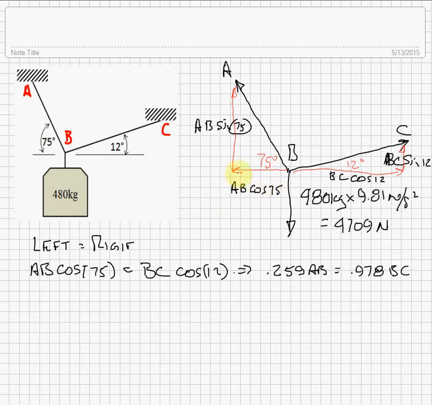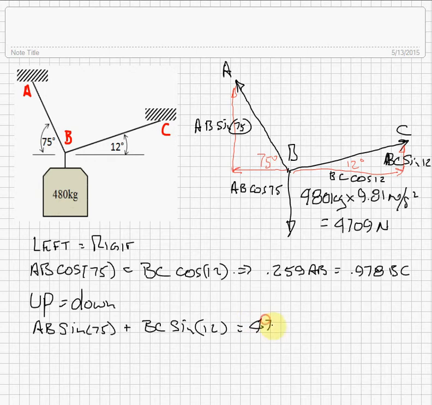And so now I know if the upward forces have to equal the downward forces, up equals down, then I'm going to get an expression that looks like AB sine of 75, in this case plus now because they're both acting in the same direction, they're both acting upwards, BC sine of 12, and they have to be together equal to 4709 newtons.